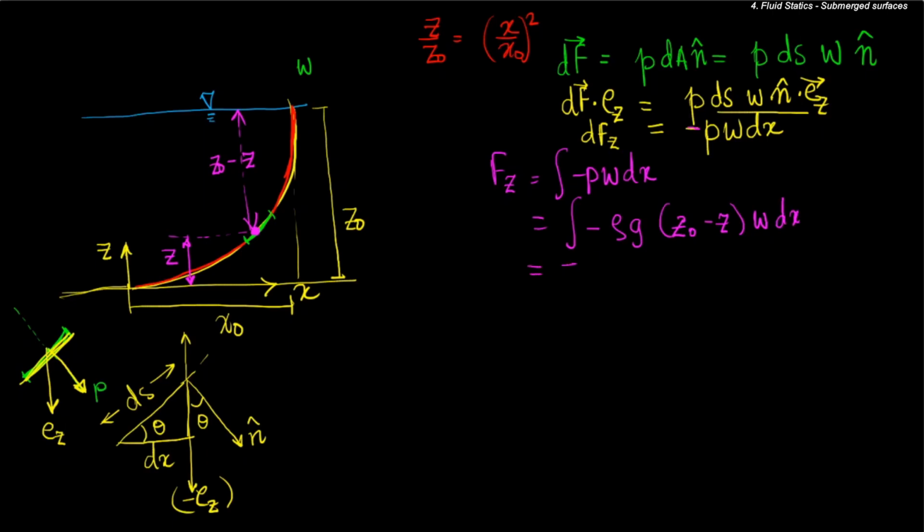So rho g W comes out, so it is minus rho g W. Let us take Z naught outside, then this becomes 1 minus Z upon Z naught dx.